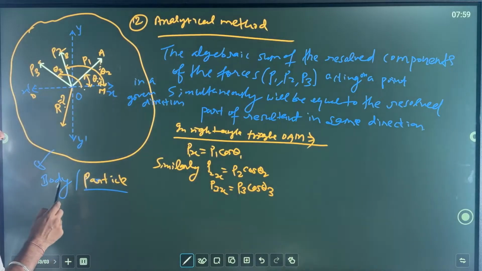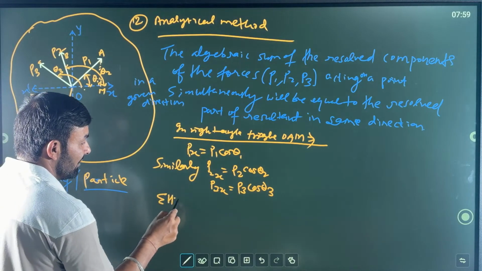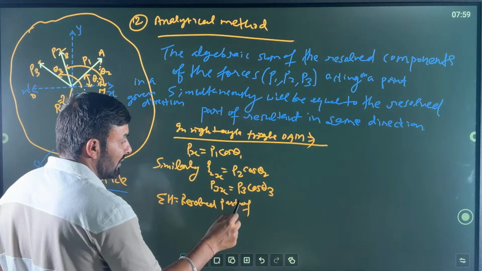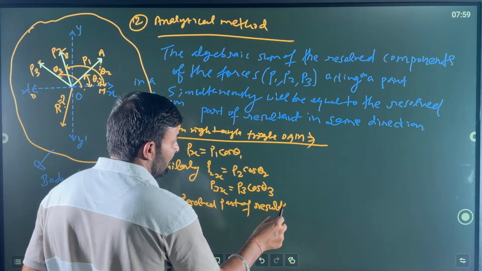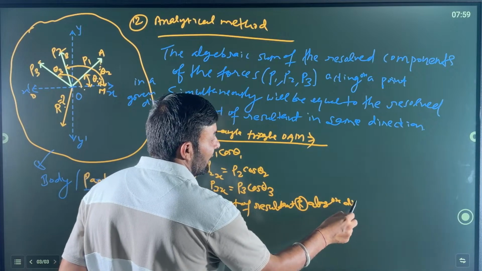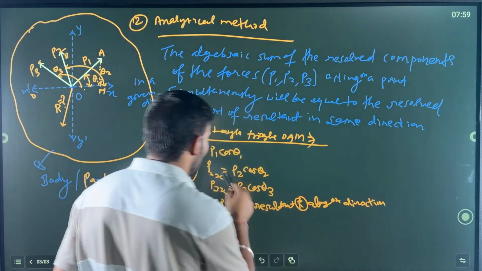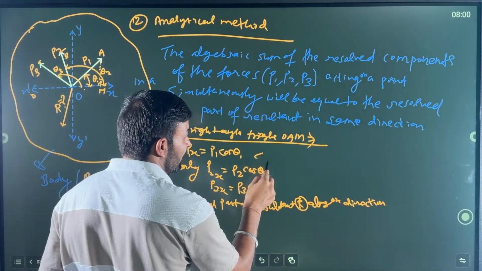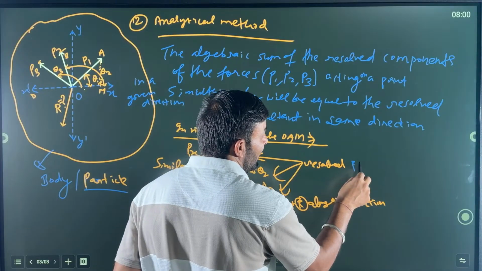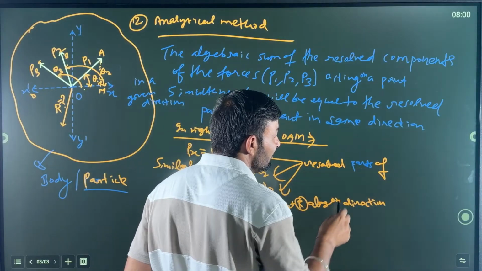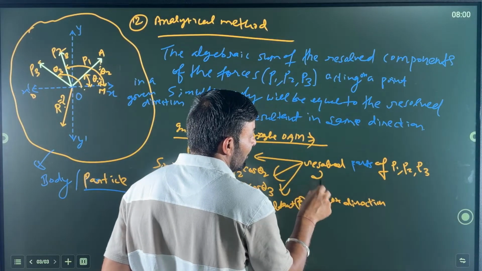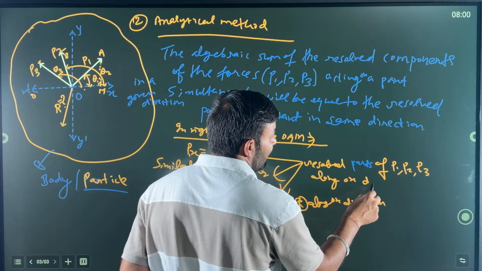So what you need to do then is take the resolved part of R, let us say summation x. What is this? The resolved part of the resultant R along the OX direction, my dear friend. Be careful. These are also the resolved parts of P1, P2, P3 along the OX direction.